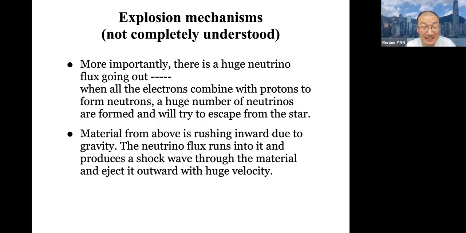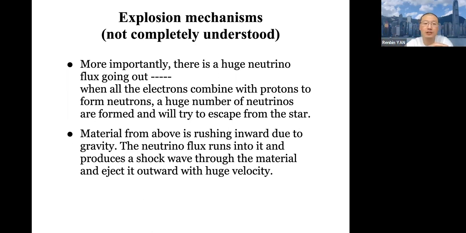We don't know exactly how a supernova explodes, but we think the more correct picture is the huge neutrino flux that is formed when the electrons get compressed into protons. When electrons get compressed into protons, you form a neutron, but also a neutrino. So a solar mass of protons combining with electrons is going to give a huge amount of neutrinos.